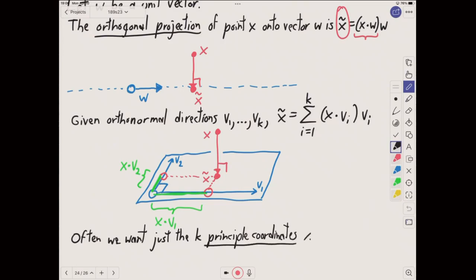So again, these x dot vi's, they're called the principal coordinates. So principal coordinate, that's this part here. And the vi's themselves, those are the principal components. So that's the difference between the principal coordinates and the principal components. Any questions about any of this so far?